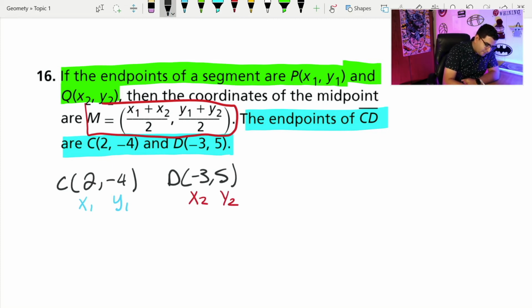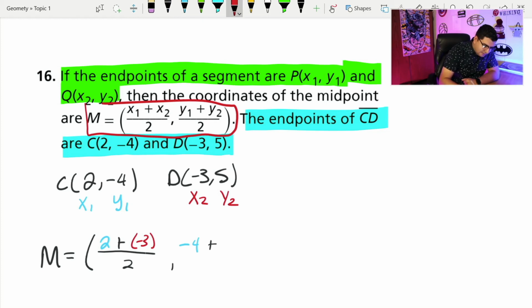Using that formula, I would have a 2 plus a negative 3 divided by 2, comma, then I would have a negative 4, which is y1, plus a 5, all divided by 2.